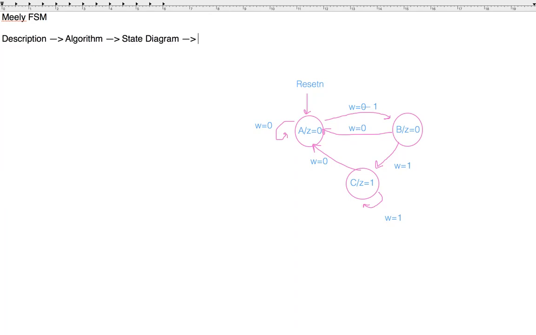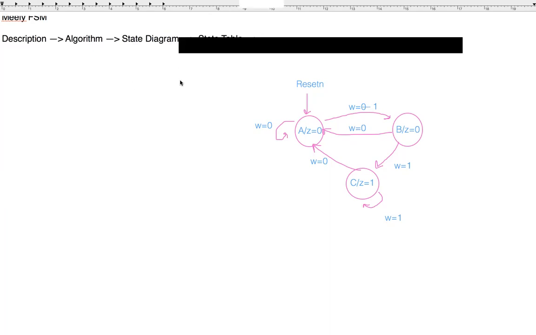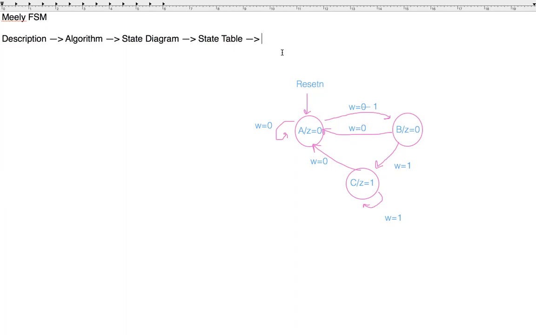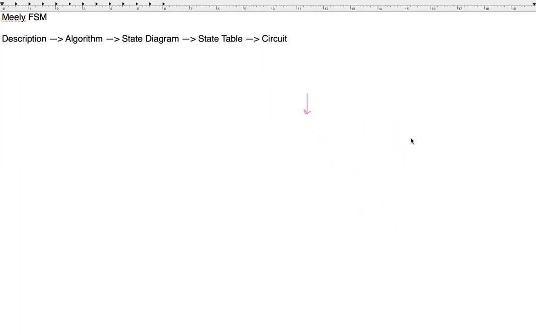Then we make our state table, which is also the state assigned table. Then we do, finally, the circuit. Okay, we got that all good.